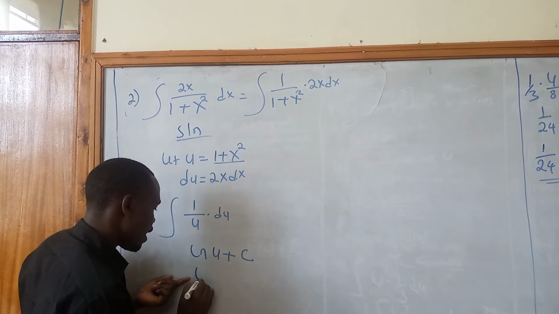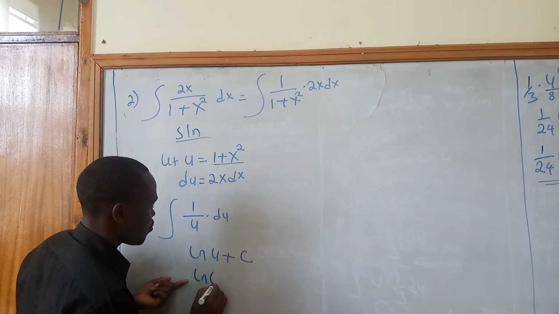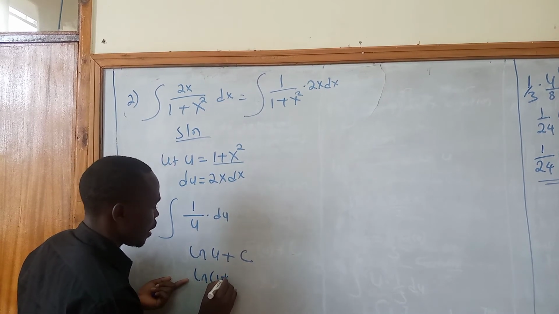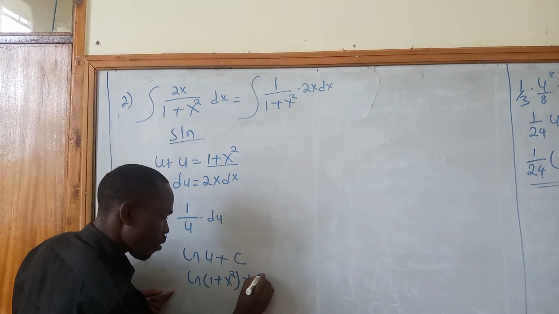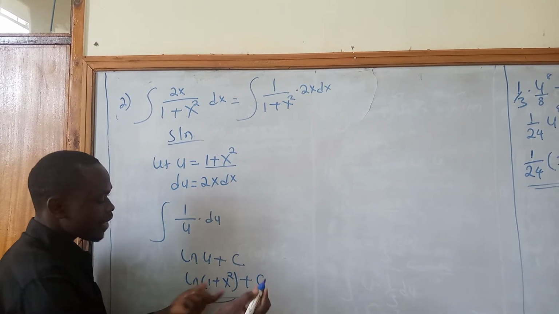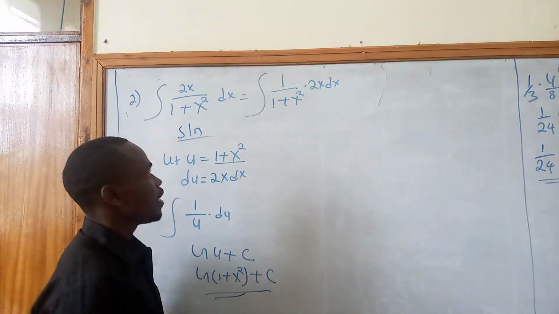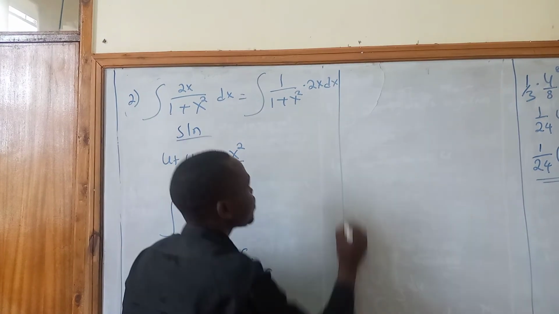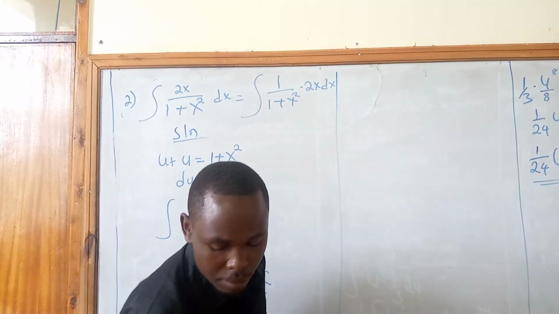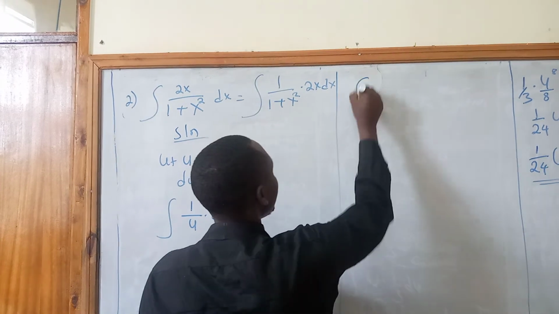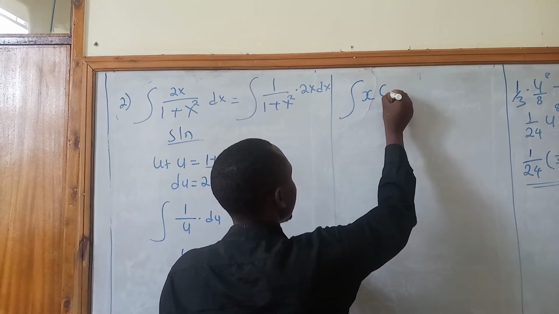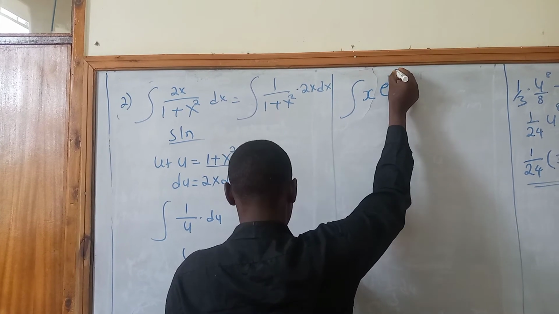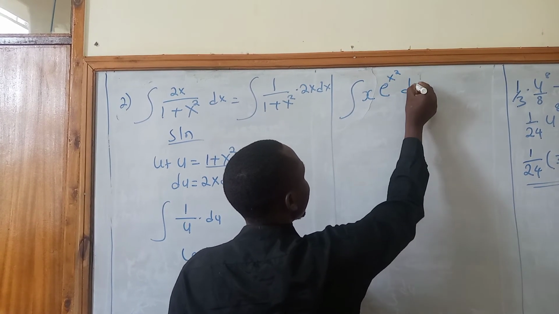It will be the ln of 1 plus x squared, plus a constant c. And that is the answer. Very simple.